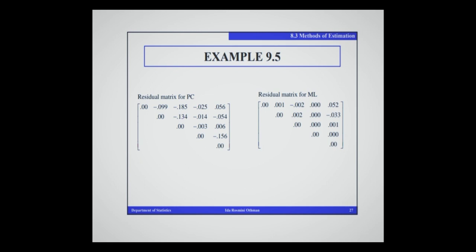Remember, the matrix of the specific variance has the main diagonal with the specific variance values, and the other entries are 0. So when you apply the formula, this is the difference between the residual matrix of PC and also ML, maximum likelihood. It seems that the value of the residual when we use maximum likelihood is smaller.